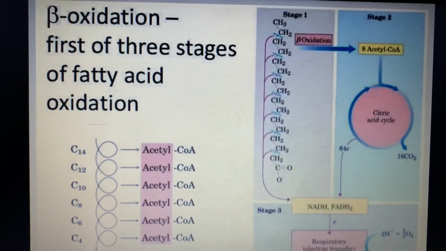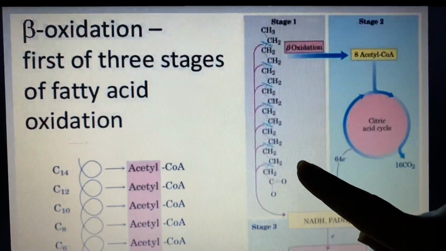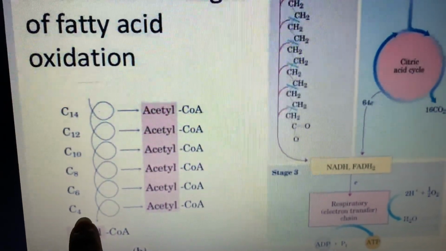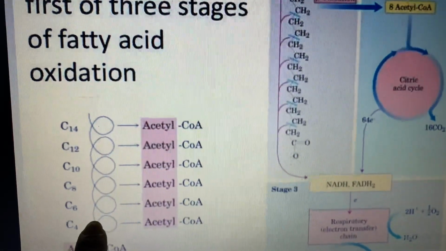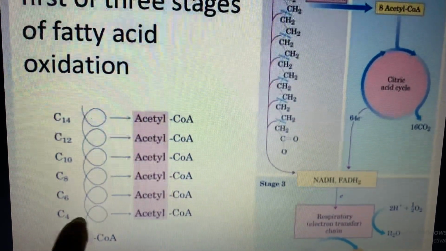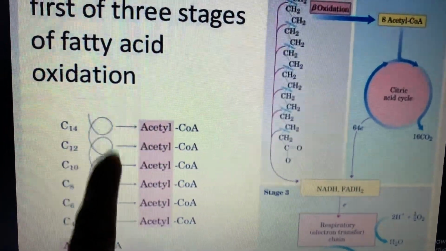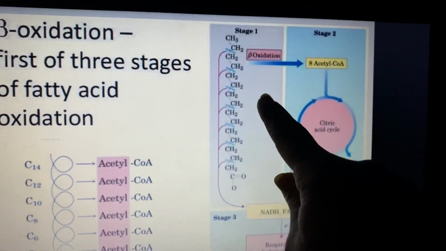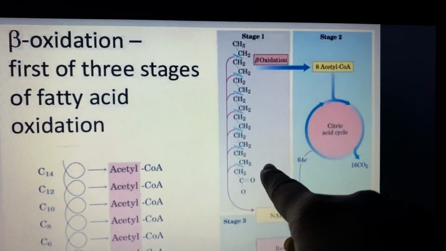The first of 3 stages of fatty acid oxidation is beta oxidation. Actually, this is related to beta oxidation. Here there are a few examples of long chain fatty acids, C4 bearing C6, because they are mostly even number carbon chain fatty acids. In this one, acetyl coenzyme A, 2 carbons, will be removed from the fatty acid long chain, and this loss of 2 carbons occurs in stage 1.